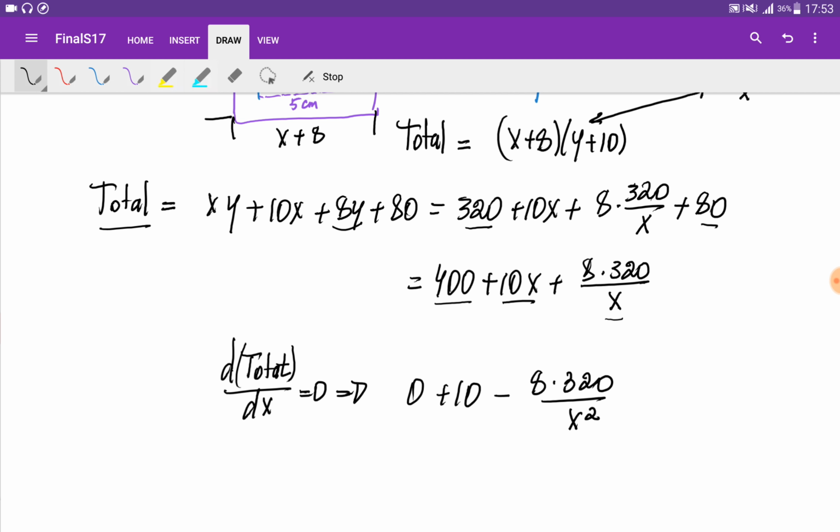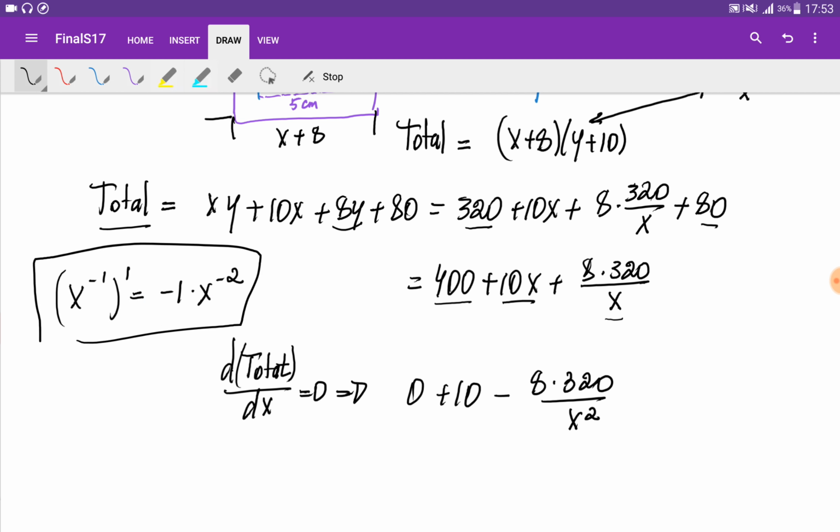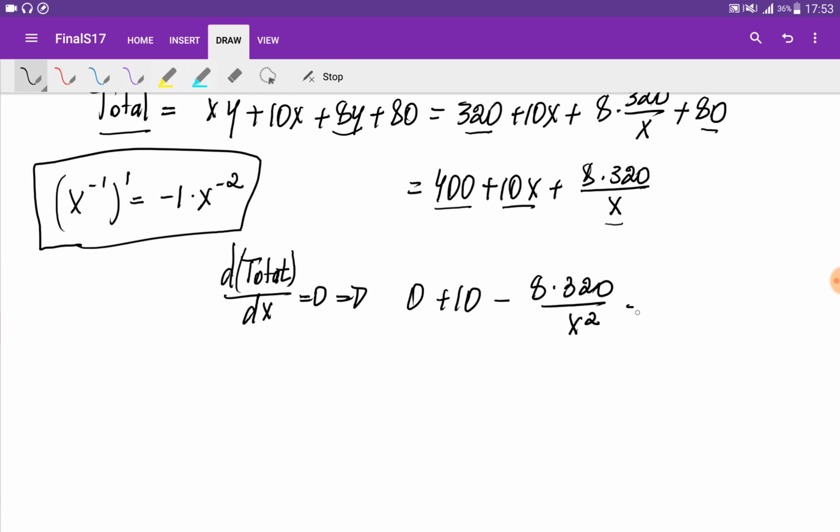Because you remember x to the power of minus 1, its derivative is equal to minus 1 multiplied by x to the power of minus 2. So this is equal to 0. I need to equate this to 0. So basically x squared is going to be equal to 8 multiplied by 320 divided by 10.